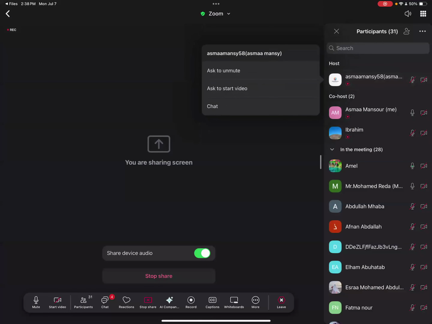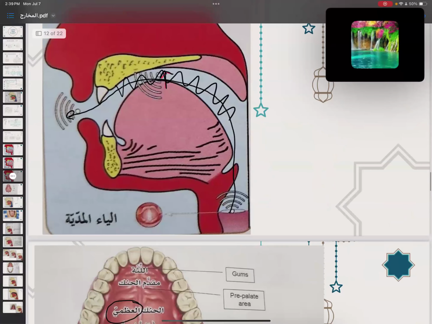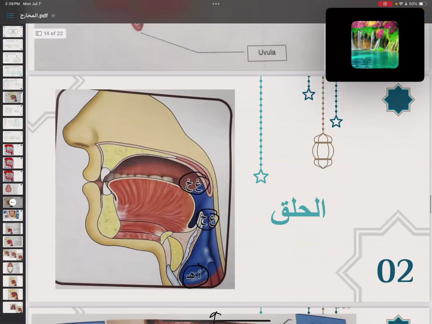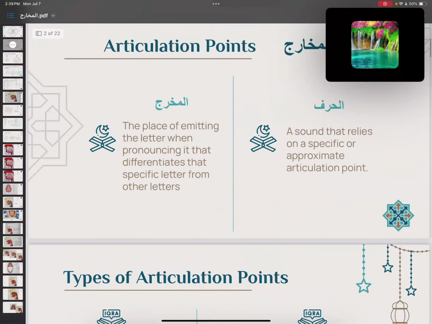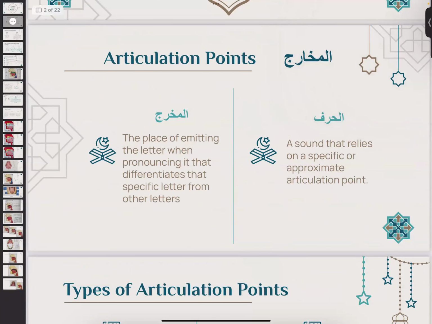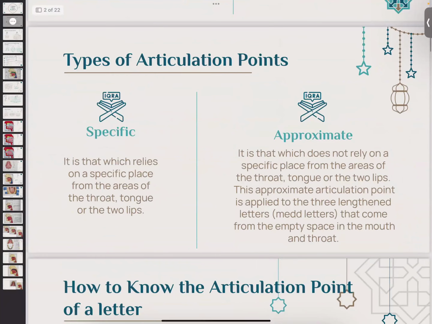Assalamu alaikum, Miss. Can I explain in general? Yes, so we have spoken about makharij, and we said that the makharij is the place where the sound of the letter comes from. And then to know the articulation point of the letter, we put hamza at the beginning of the letter and make sukun on it, as in qaf, for example, we say aqo.